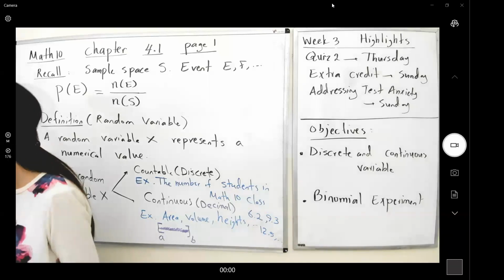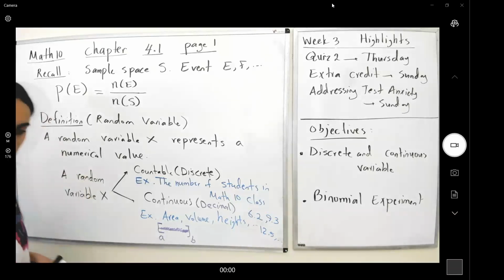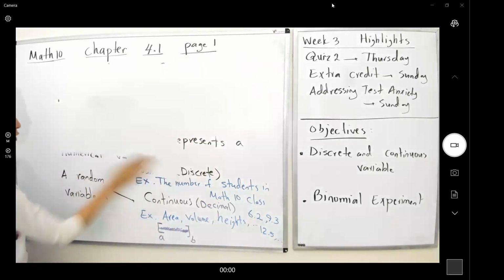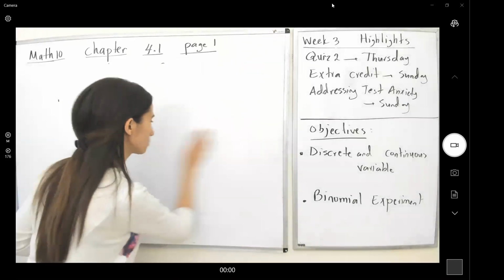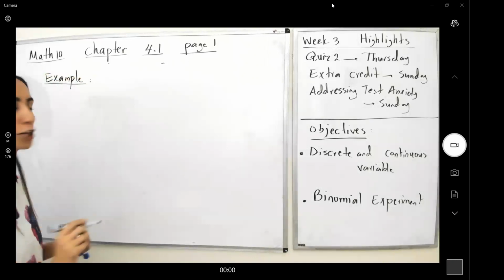Well, let us move on to more examples. We are still on page 1 of the note. Very good. Here you have an example. The question says which one is discrete, which one is continuous.